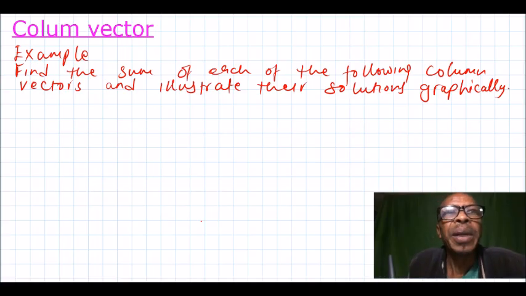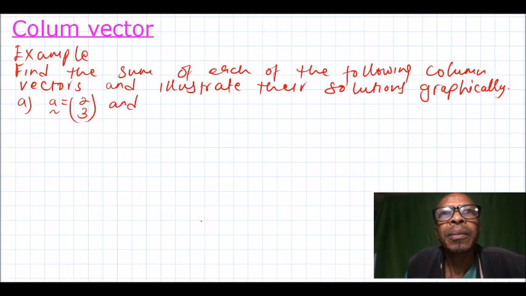We are told that we have vector A. We can use that to indicate the vector. It is (2, 3). So that's a column vector. B is equal to (7, 1).